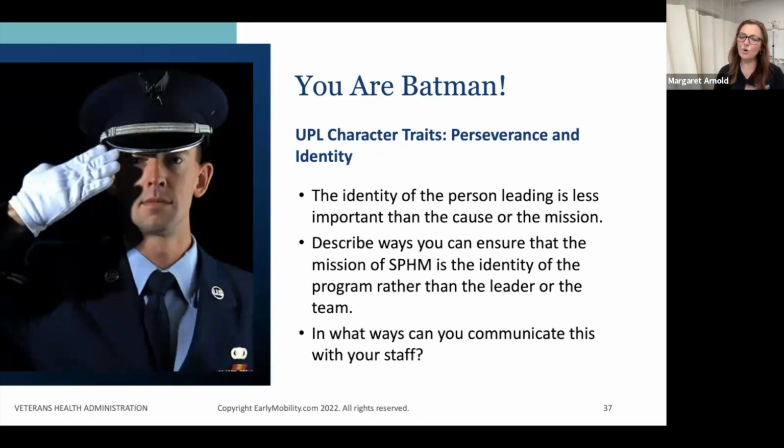So that's so important when it comes to your role as a unit peer leader. The vision or the identity is the safety culture. Describe ways you can ensure that the mission of Safe Patient Handling Mobility is the identity of the program rather than the leader of the team. In what ways can you communicate this with your staff?